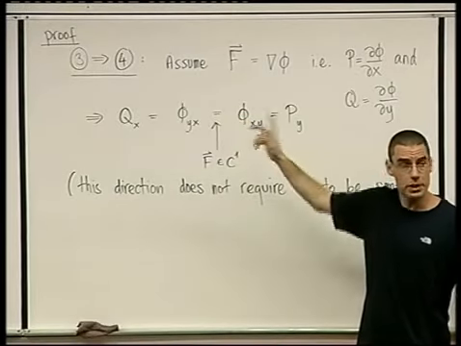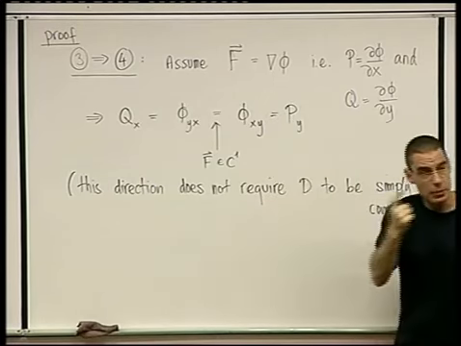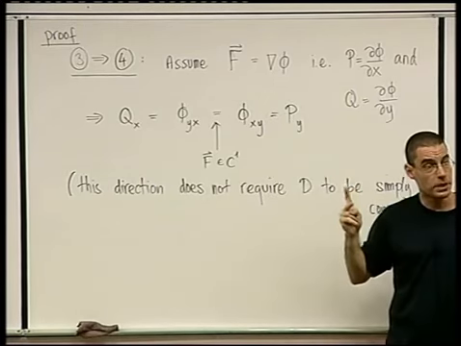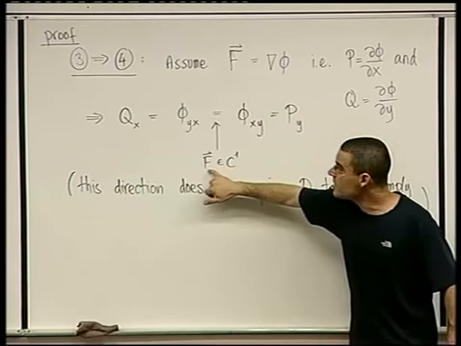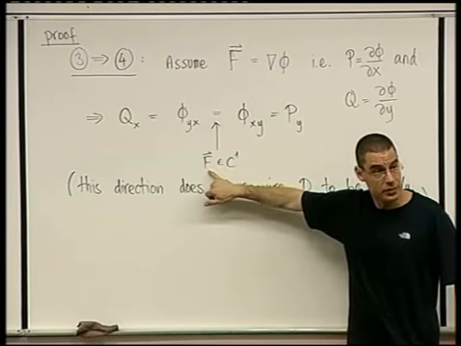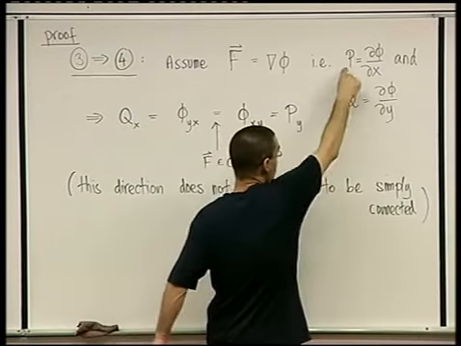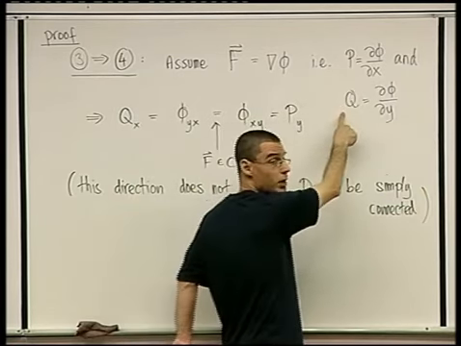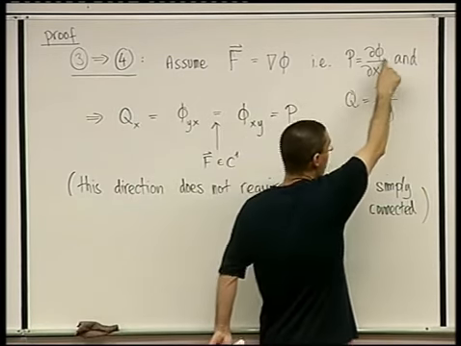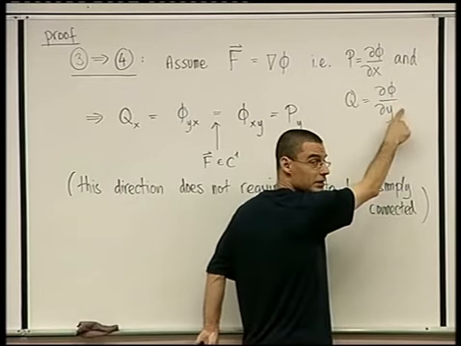In the proof of 3 implies 4, right? You're saying that for the mixed partials to be equal, we needed C2, not C1. But what is C1 here is F itself, okay? So F being C1, P and Q are the components of F. They're C1, right? So the first order derivatives of phi are C1.